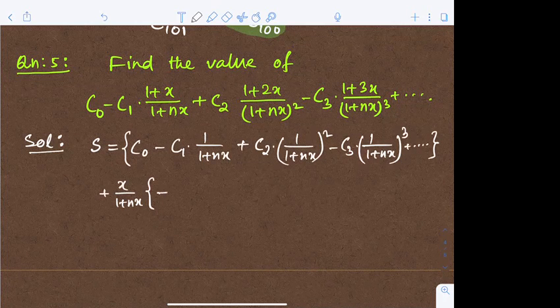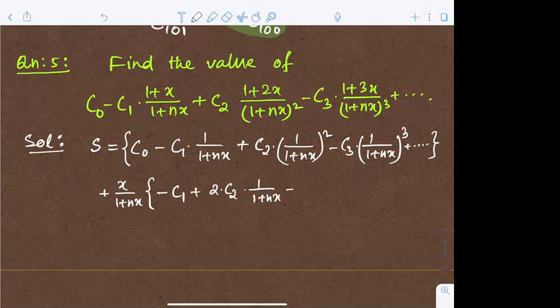I'll get minus C1 plus 2 into C2 into 1 by (1 plus nx), minus 3 into C3 into 1 by (1 plus nx) whole square, plus this type.